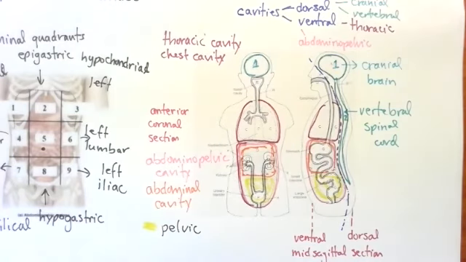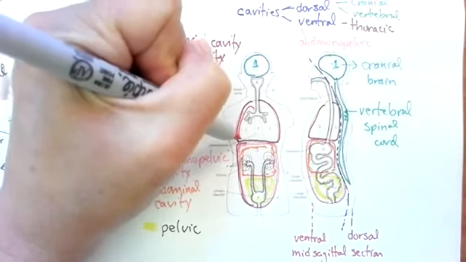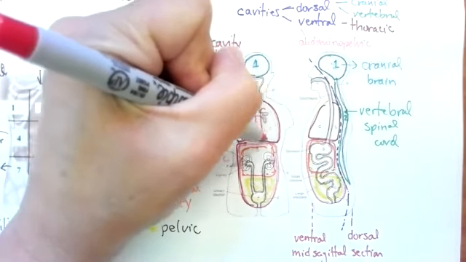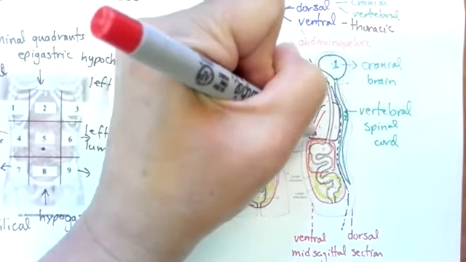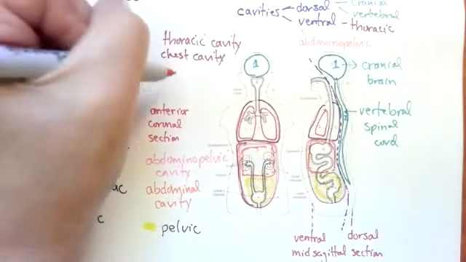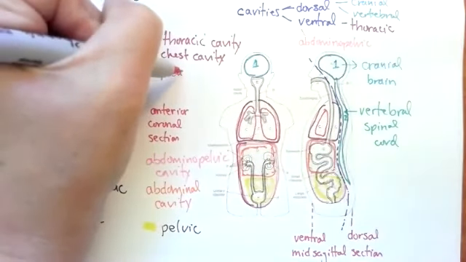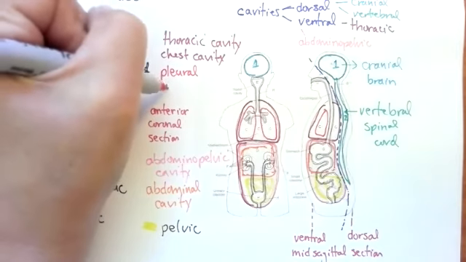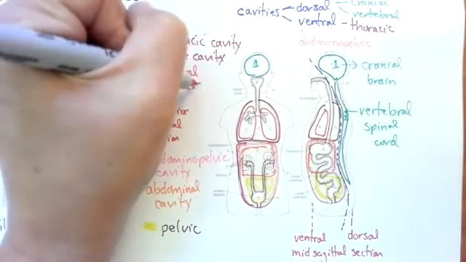The thoracic cavity then has three, and I'm going to go with red. So letter C here, see it here, is the pleural cavities. And these house the lungs.